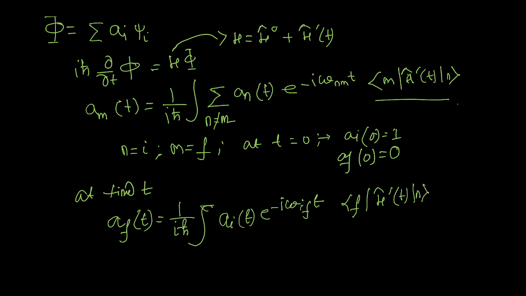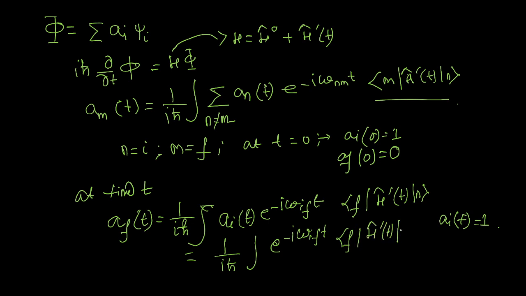Now what I said previously, a_i(t) is 1, so this can be written as e^(i omega_if t) <f|H'|i>.